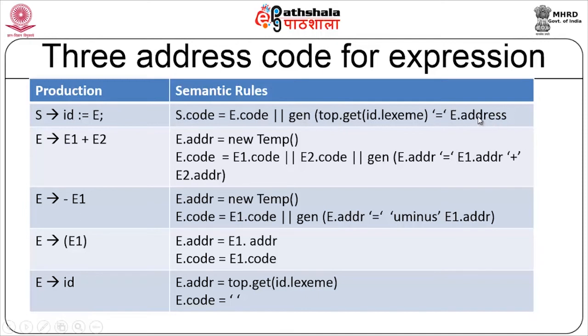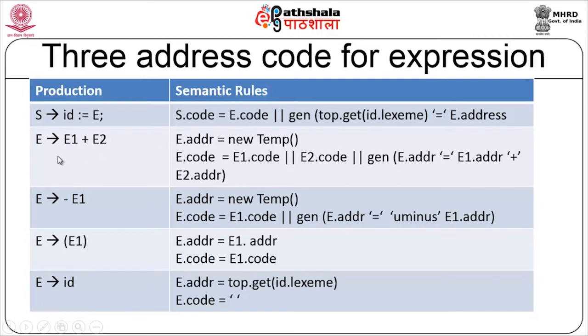So that E dot address is a place corresponding to E. That can have a code, that has to first generate code, and that will have an address in which the code is basically available. That will be used here, and I'll simply have a code as id is equal to E, or rather A is equal to some T1 or T2 or whatever it is. So this is the simplest of all statements.